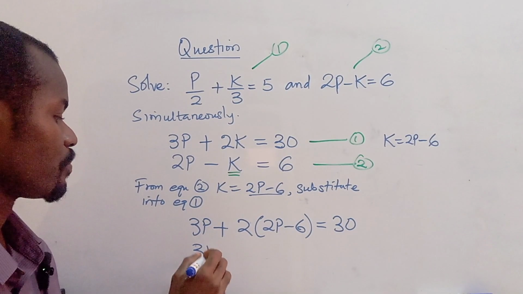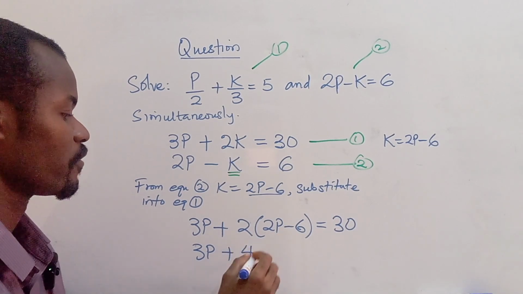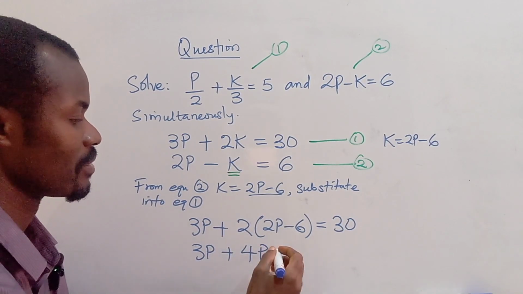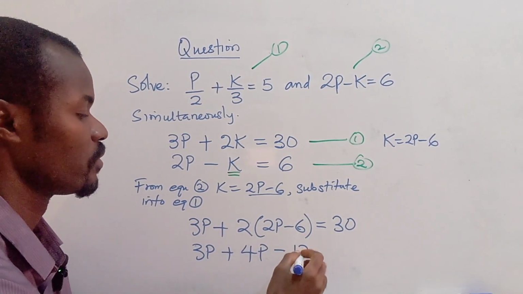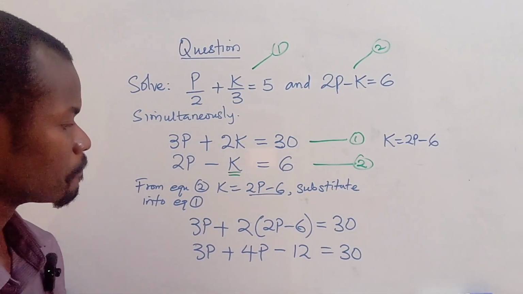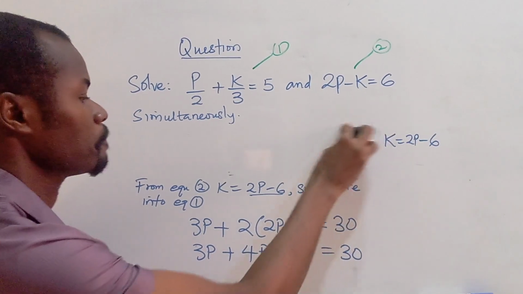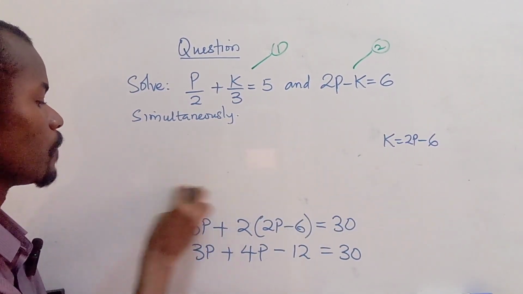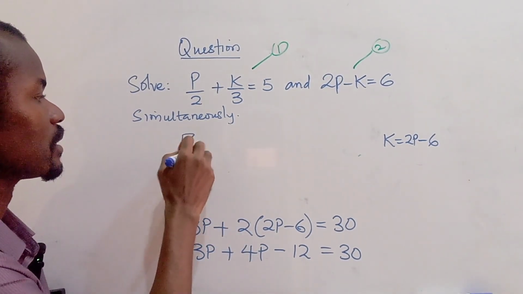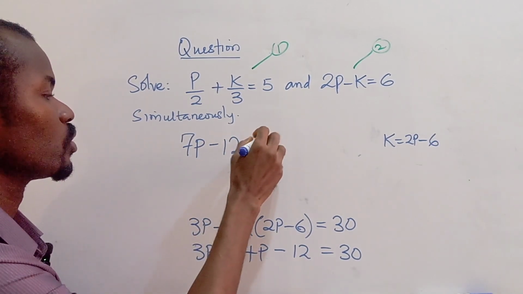We get 3P plus 2 times 2P, which gives us 4P, and plus 2 times minus 6; plus times minus is minus, 2 times 6 is 12, equals 30. So from that, we can solve for P. We have 3P plus 4P, which gives us 7P, minus 12 equals 30.